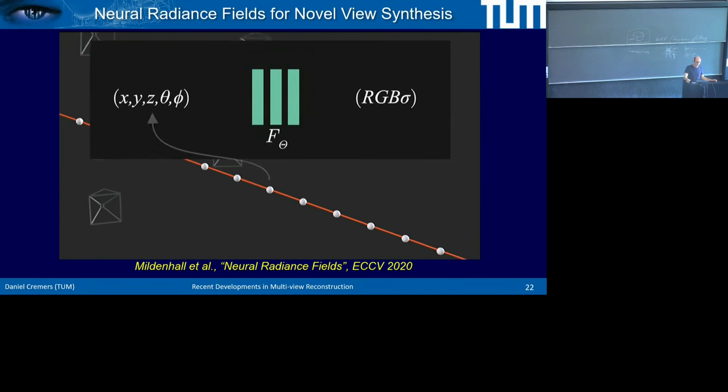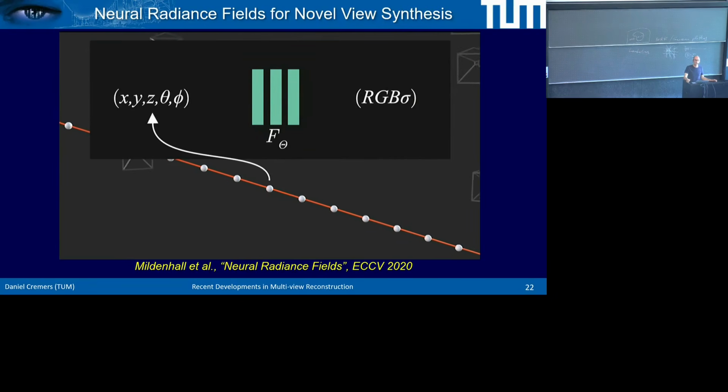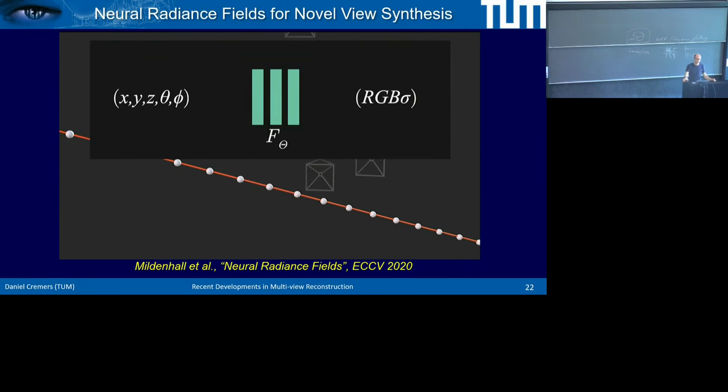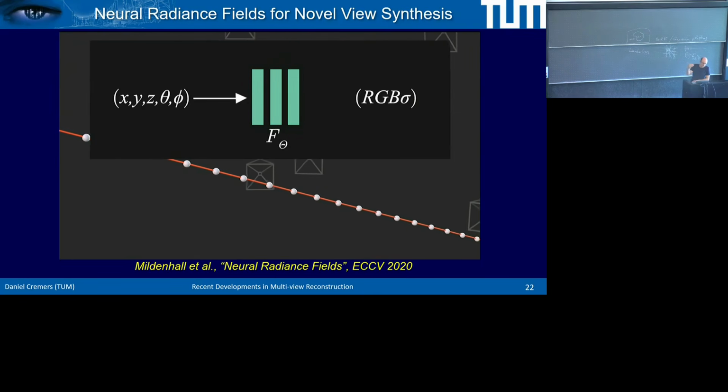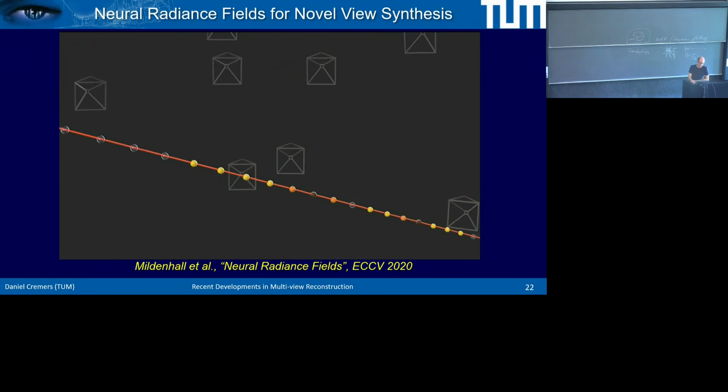I think NeRFs do not work with such few cameras. You really need more cameras. This is one of the big shortcomings of neural radiance fields. And also they create novel views. They don't show you the actual surface geometry; there is no explicit surface geometry in the first place.